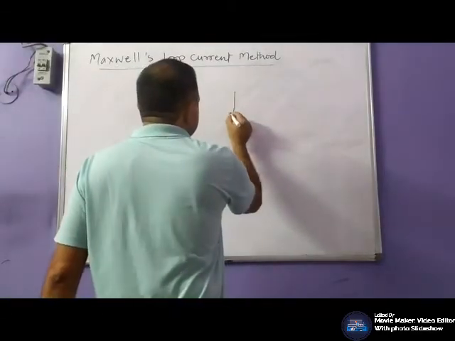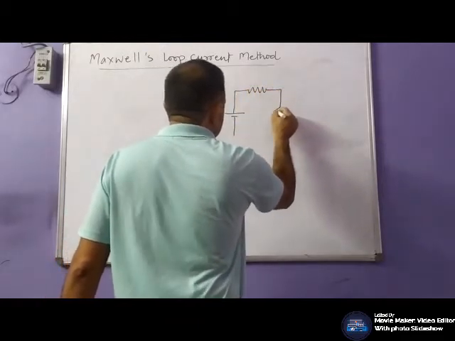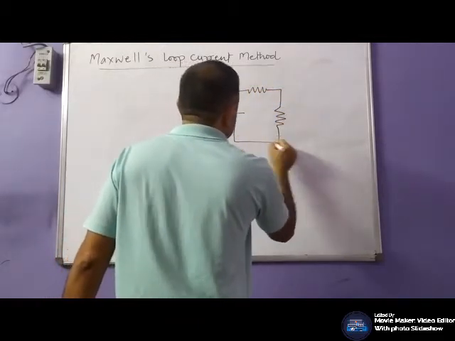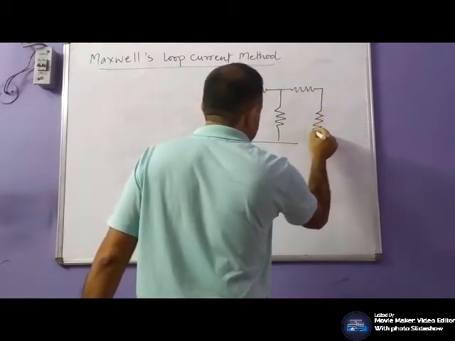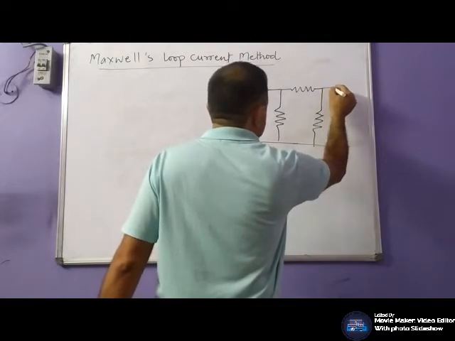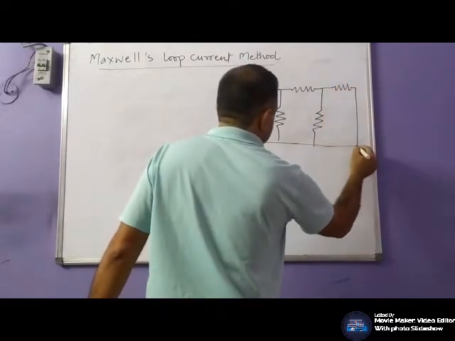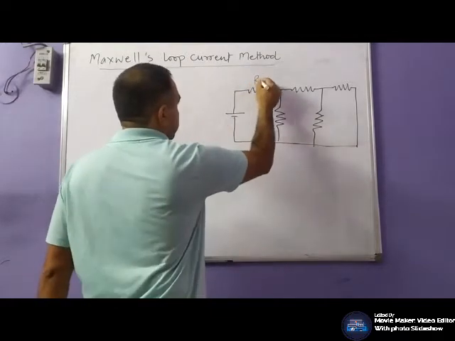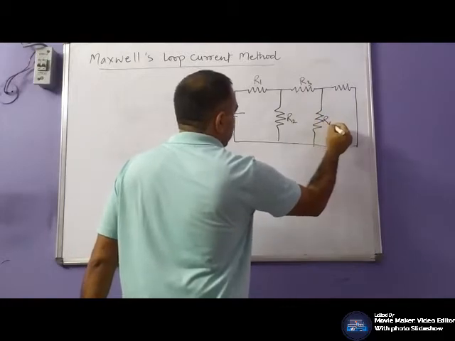For example, take a simple circuit with R1, R2, R3, R4, R5.